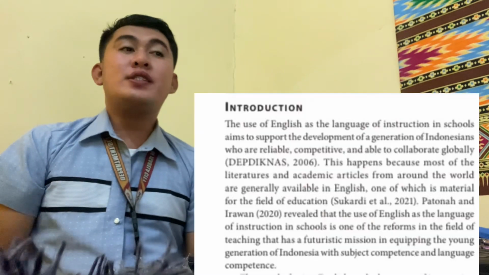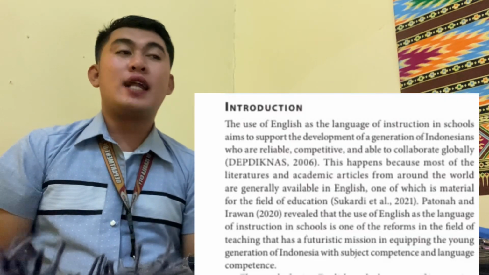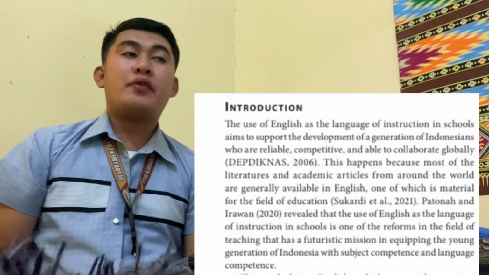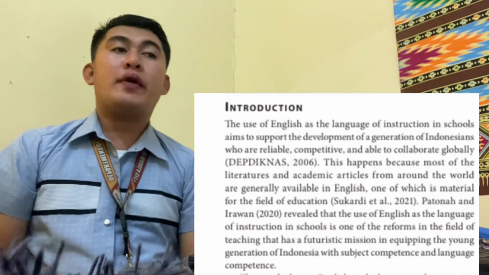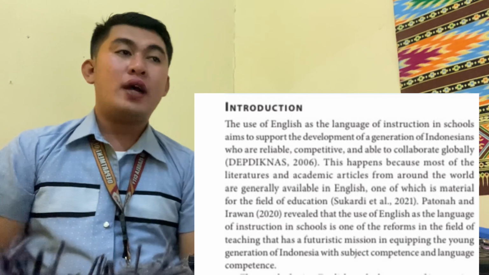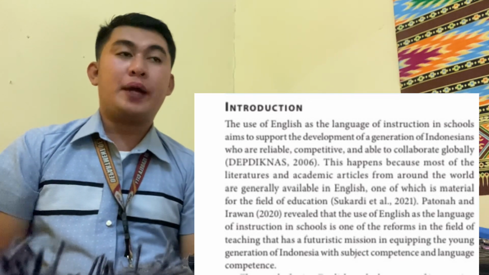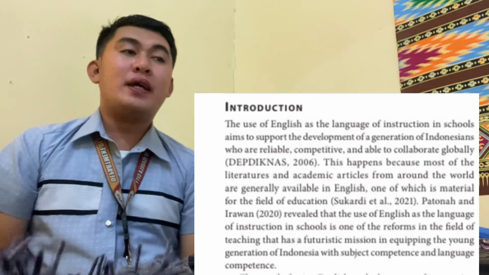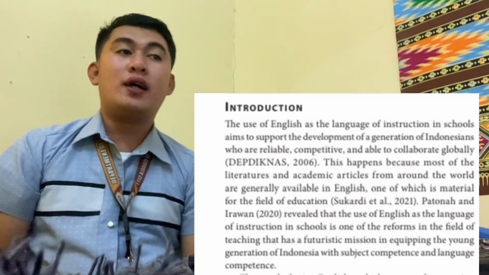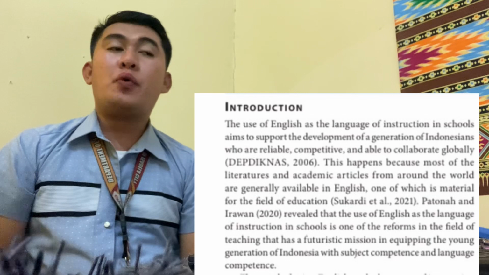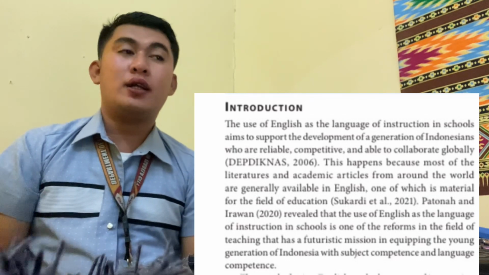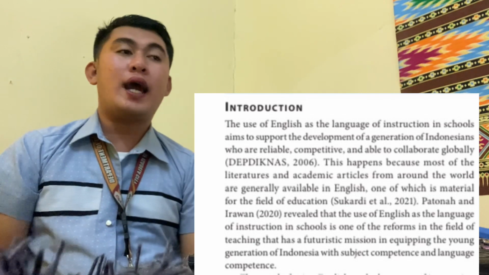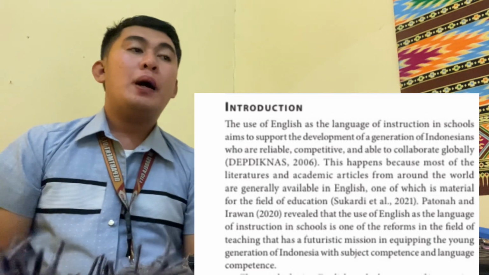Introduction. The use of English as the language of instruction in schools aims to support the development of a generation of Indonesians who are reliable, competitive, and able to collaborate globally (Dickness, 2006). This happens because most of the literature and academic articles from around the world are generally available in English, one of which is material for the field of education (Sukardi et al., 2021).